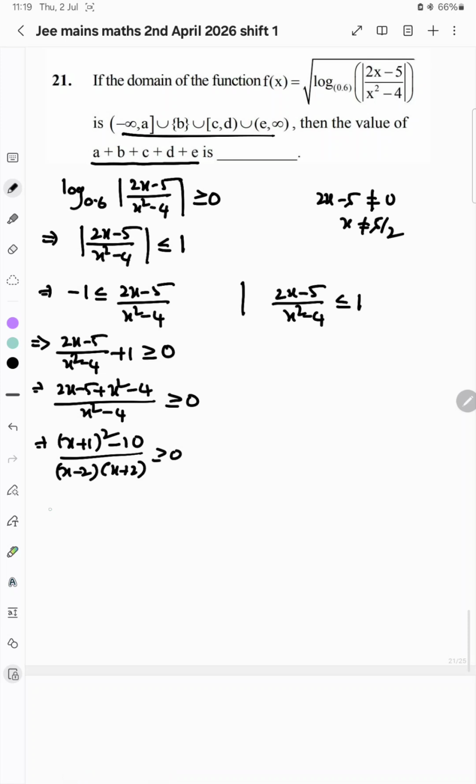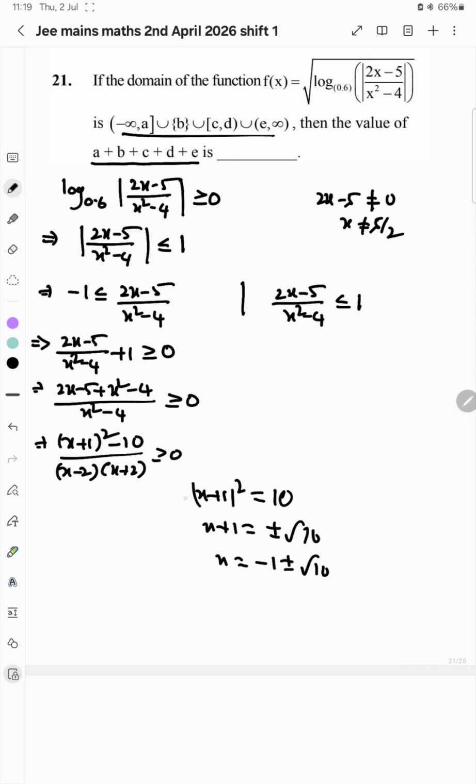Now take a real number line and plot all the critical points, then we will get the x values. Critical points mean where the numerator is 0 or where the denominator is 0. Numerator is 0 when (x plus 1) whole square is equal to 10, that means x plus 1 is equal to plus or minus root 10, then x equals minus 1 plus or minus root 10, right? These are the critical points, both minus 1 plus root 10 and minus 1 minus root 10.